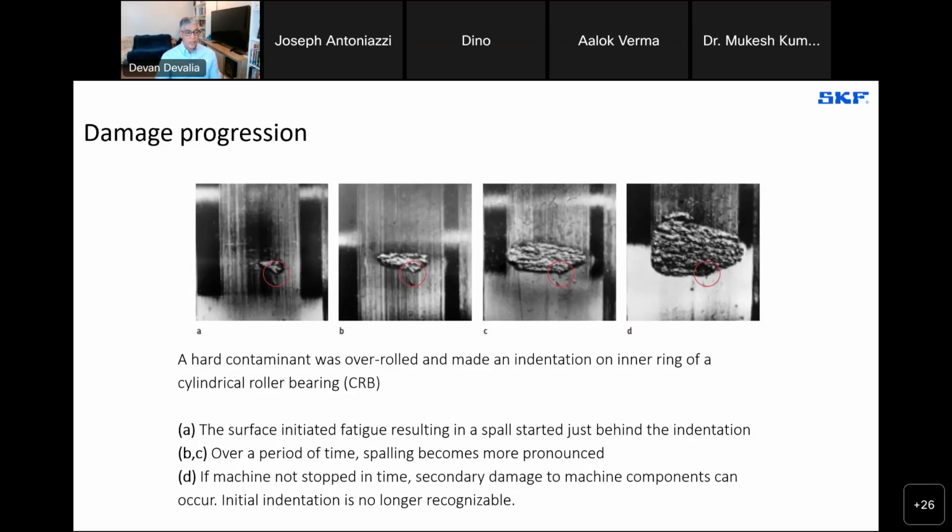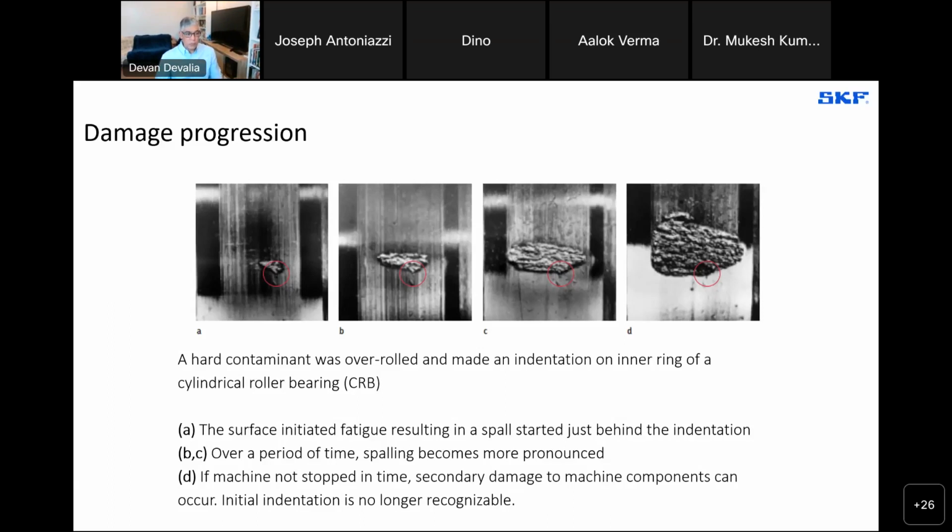So catching a damaged bearing early is key. It gives us a higher likelihood of being able to determine the initial or primary damage, and so come to a root cause.